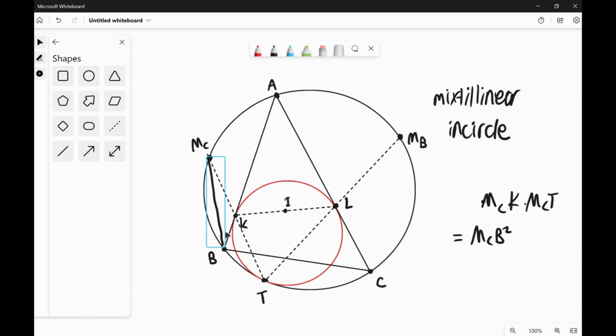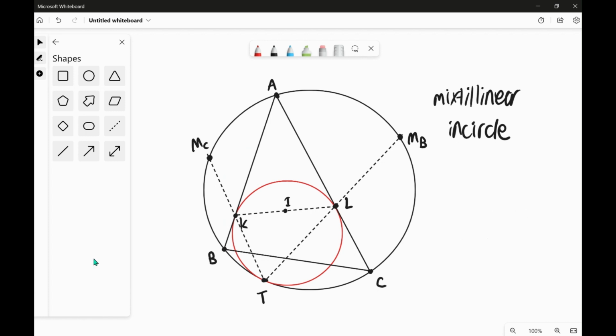Well, we already have that this angle here is equal to the measure of this arc, and then this angle here is a measure of this arc. However, these arcs are equal, so we know that these triangles are similar, and therefore MC K times MC T is equal to MC B squared, which is also equal to MC A squared.